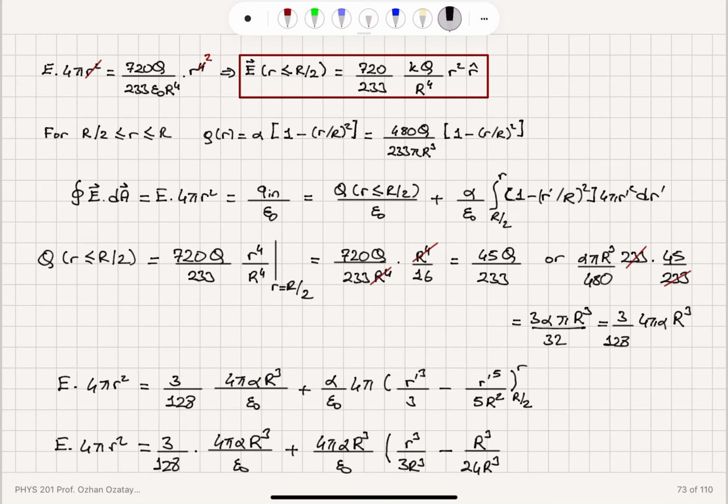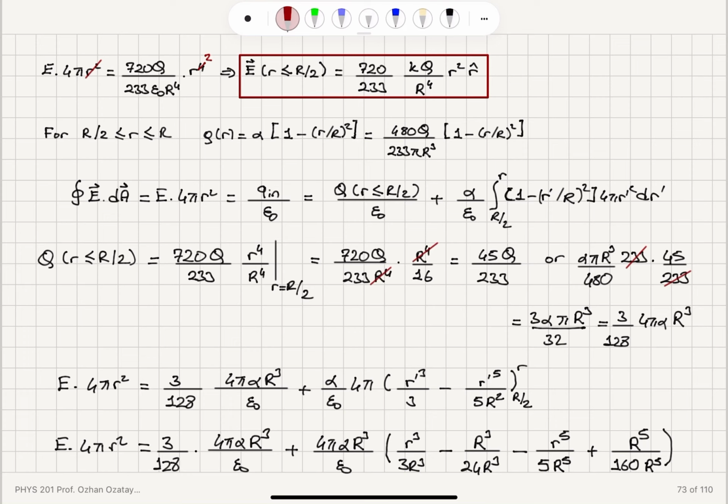Now I'm substituting capital R over 2, so this is going to give me capital R to the fifth power, and then 2 to the fifth power is 32 multiplied by 5 is 160, and then I have capital R square multiplied by capital R cube, capital R to the fifth power.